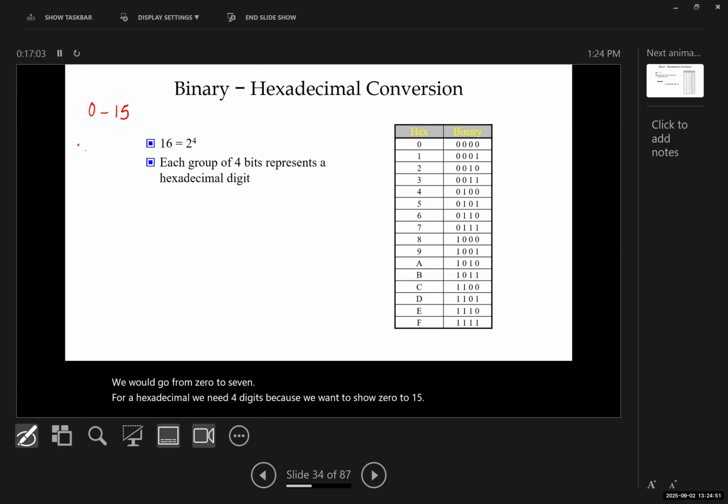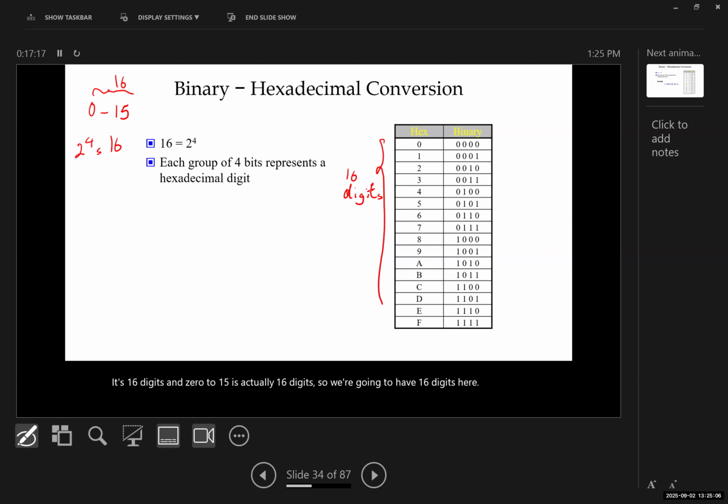And 2 to the power of 4 is 16, and 0 to 15 is actually 16 digits. So we're going to have 16 digits here. And the digits go from 0, 0, 0, 0 to 1, 1, 1, 1.